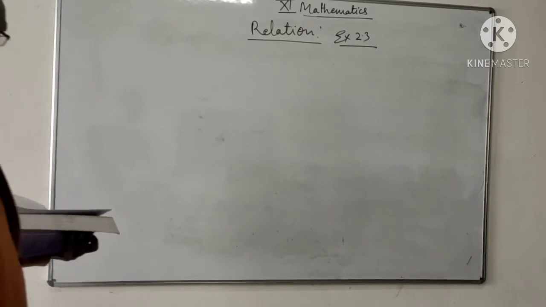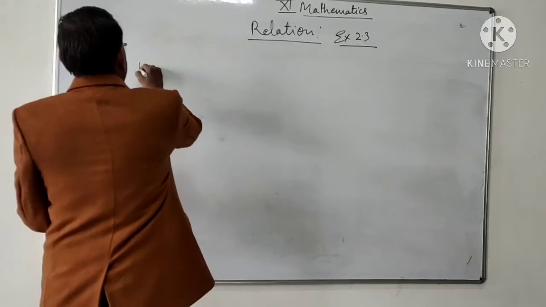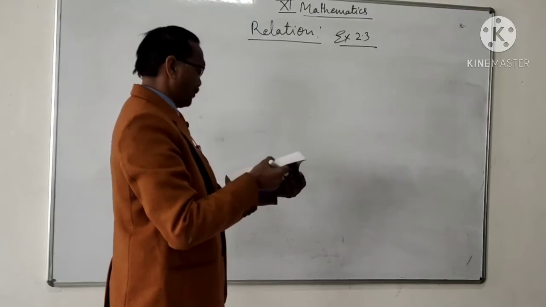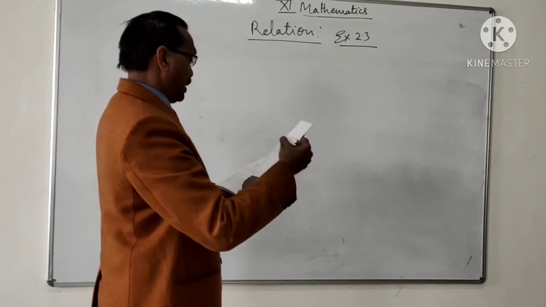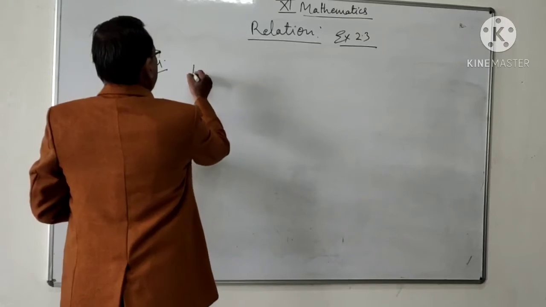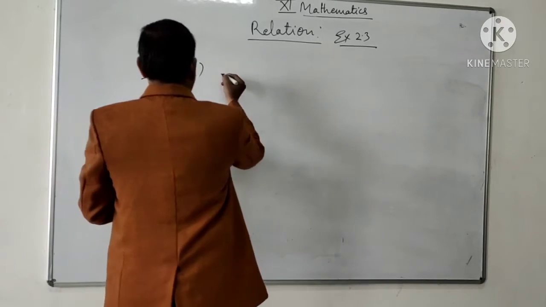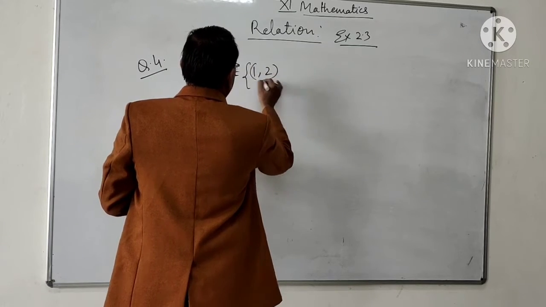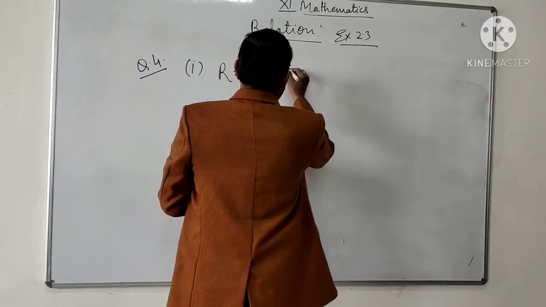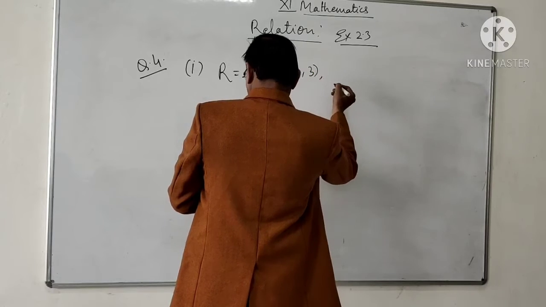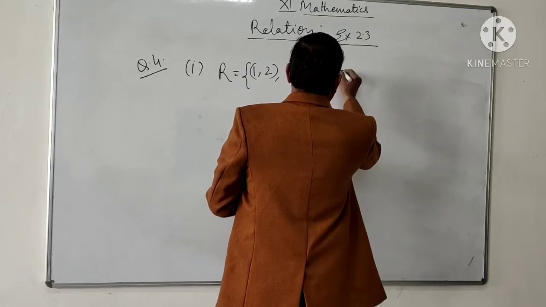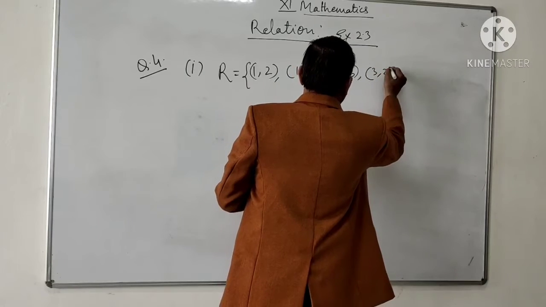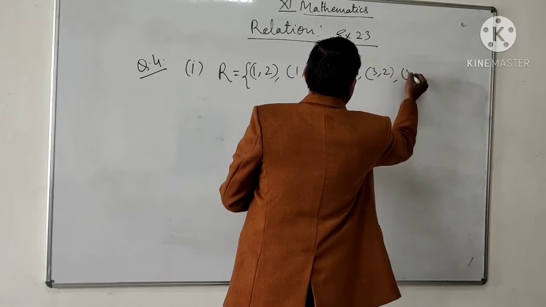Student, now question 4. Find the inverse relation in each of the following cases. First part, here R equal to ordered pairs 1, 2, 1, 3, 2, 3, 3, 2, and 5 comma 6.